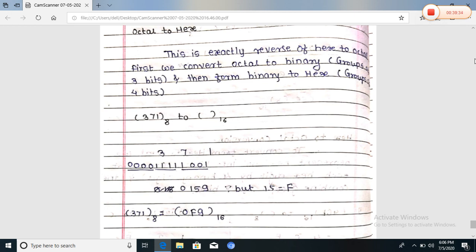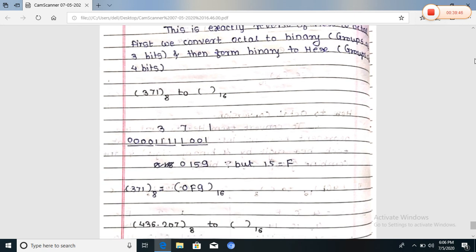First we convert octal to binary, and the octal to binary number is represented in 3 bits, and that 3-bit group is converted into 4 bits. That conversion is octal to hex. First we convert octal to binary in groups of 3 bits, and then that binary number is grouped in 4 bits, and that conversion is hex.